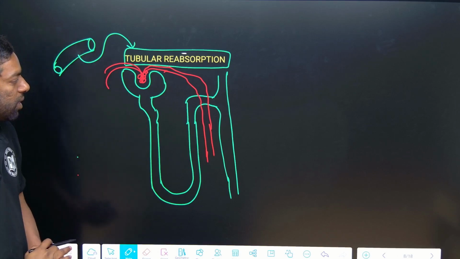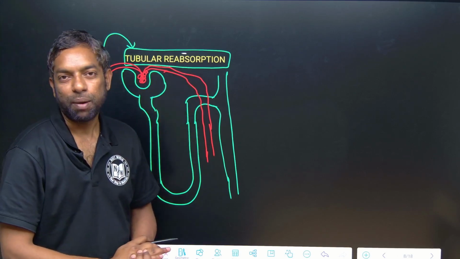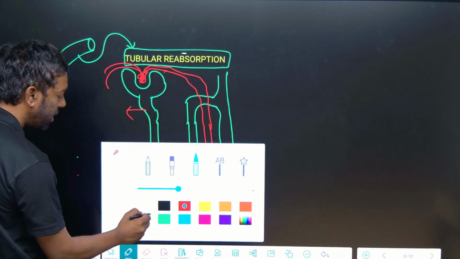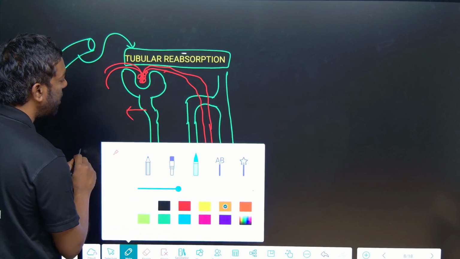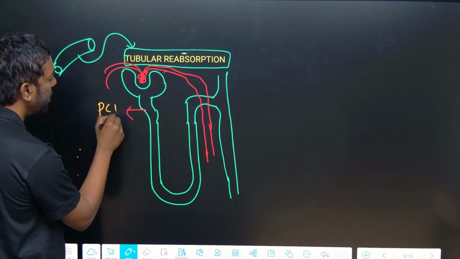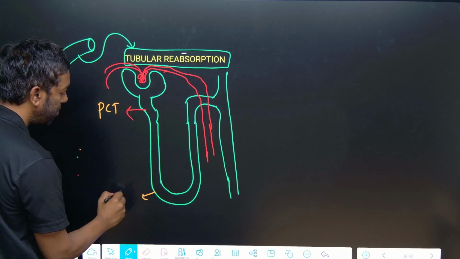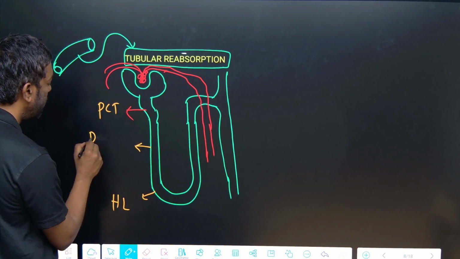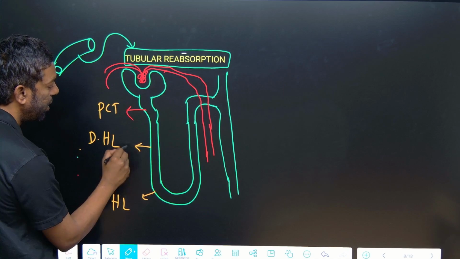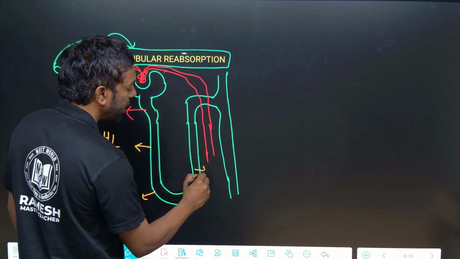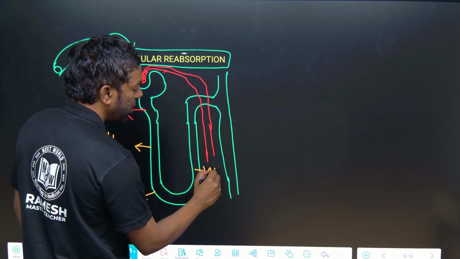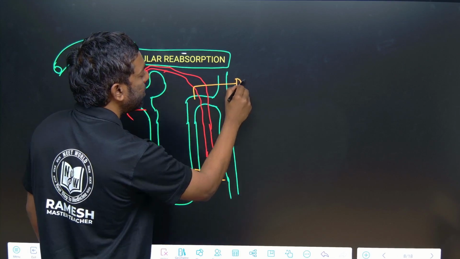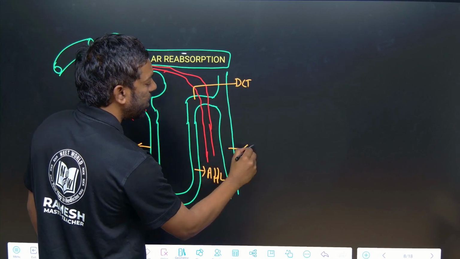Okay guys, reabsorption takes place in different parts of the nephron. This is the PCT part, this is the descending Henle loop, this is the ascending Henle loop, this is the DCT, this is the collecting duct.